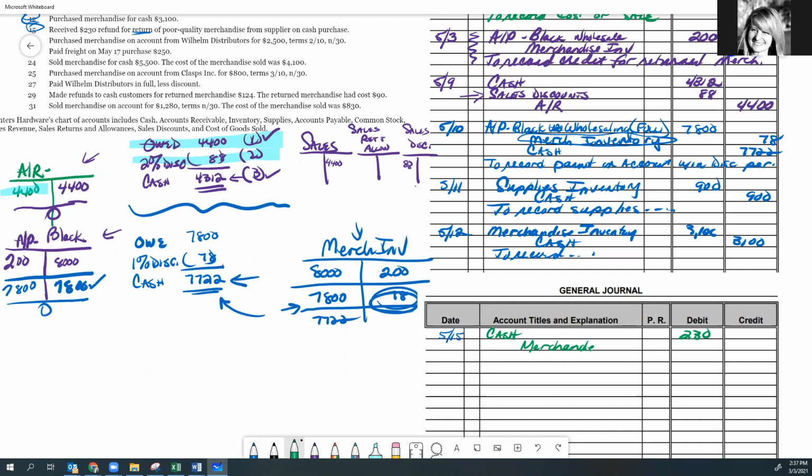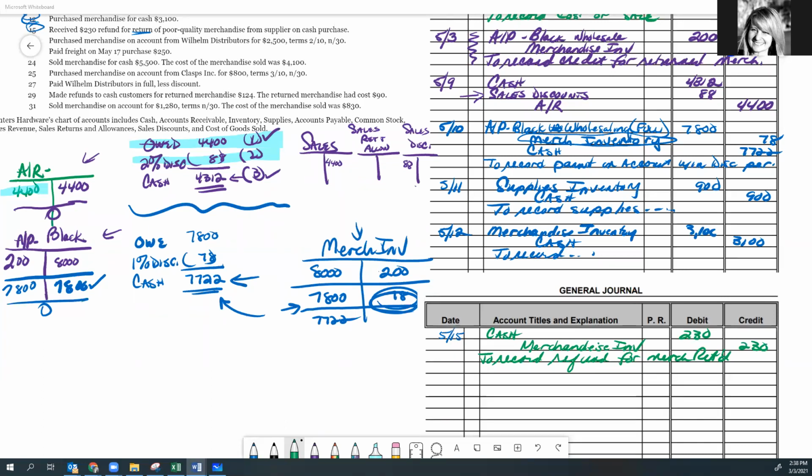So we're going to credit merchandise inventory and make it go down to record refund for merchandise returned. Okay, so that was on 5/15. All right, let's move ahead.